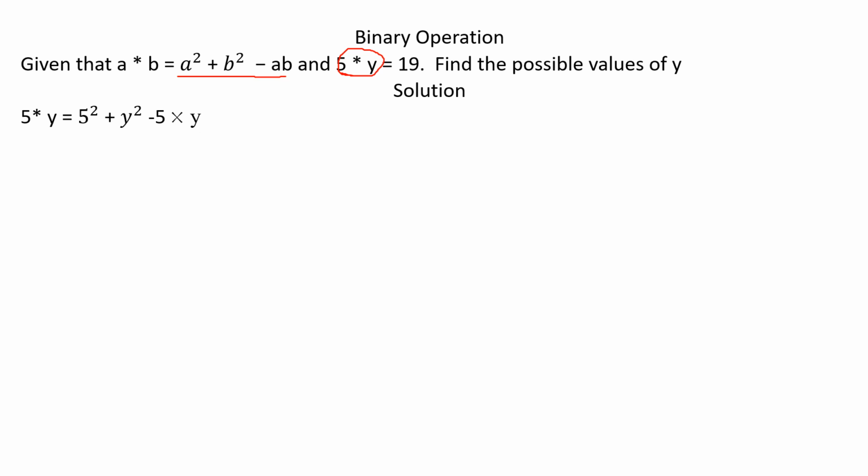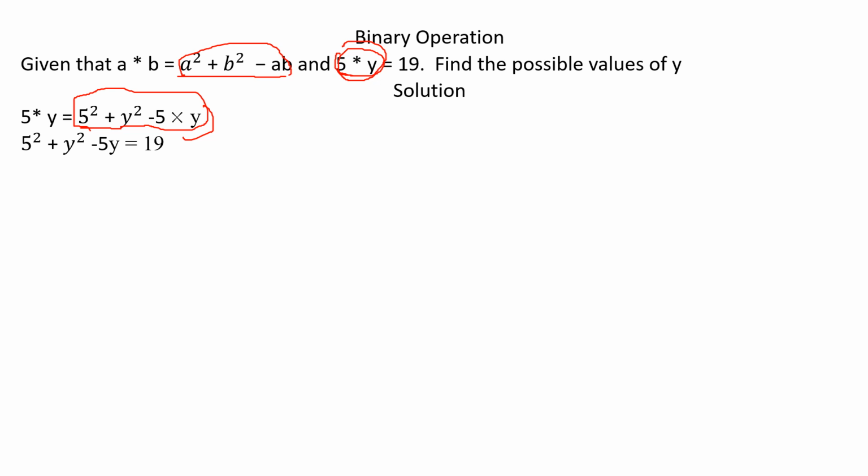Doing that, it means our A is now 5 and our B is now Y. So substituting that into this expression, we have 5 squared plus y squared minus 5 times y, as you can see in this expression. And in the question we said 5 operated on y is equal to 19. So we are going to equate this expression to 19.